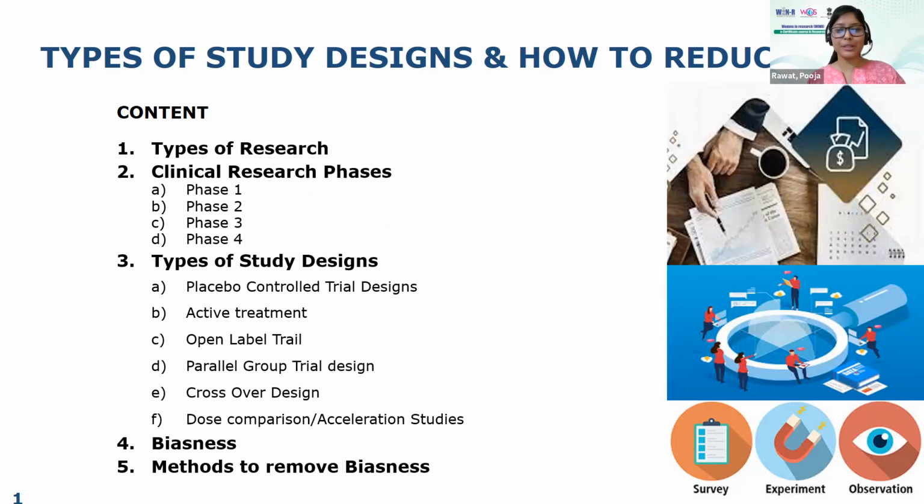Even the layman knows about clinical research. So what are the different study designs of clinical research, how we should reduce the bias, and what are the methods by which we can reduce bias in the study.